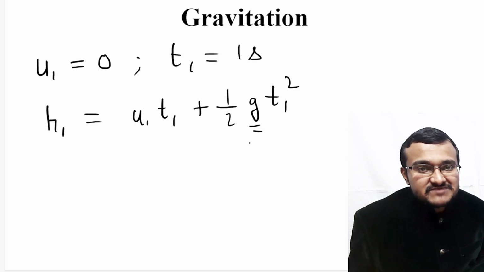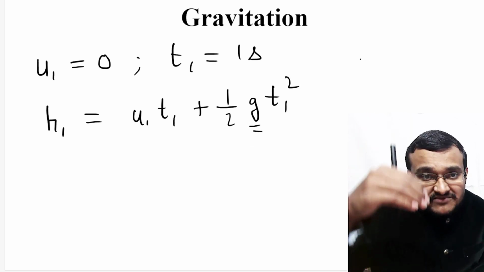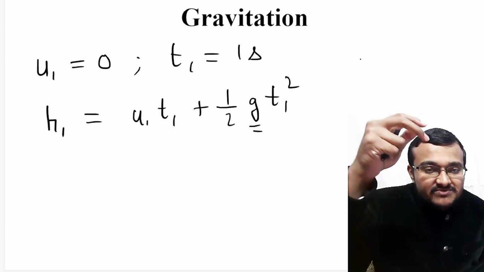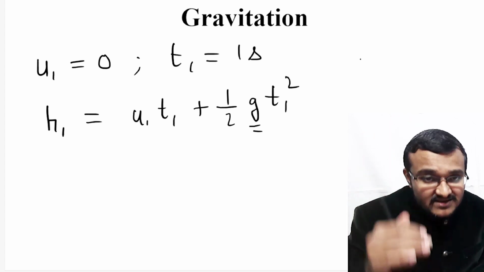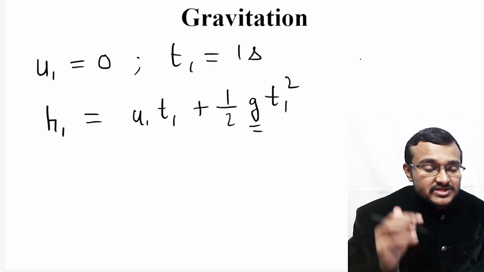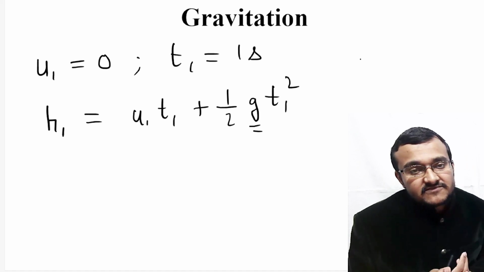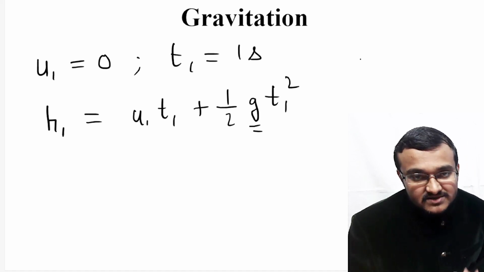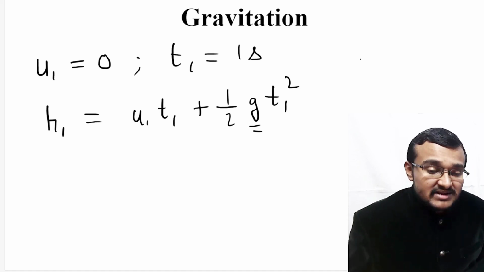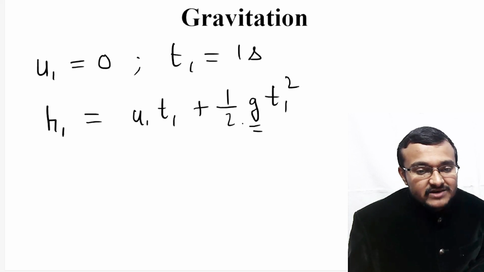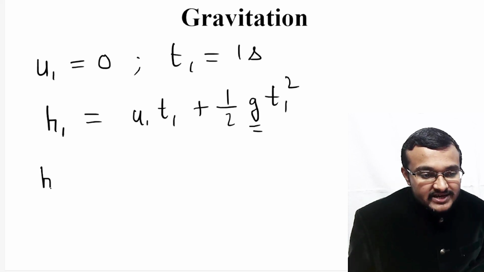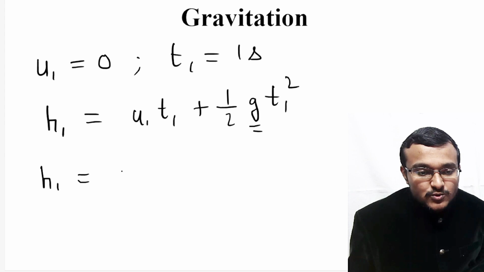Here I am taking plus g because now it is traveling towards the earth's surface. So it is traveling with the gravitational force of earth, not against it. That's why I am taking plus g: u1 t1 plus half g t1 square. So h1 is equal to, what is u1? u1 is 0, so this entire term becomes 0.